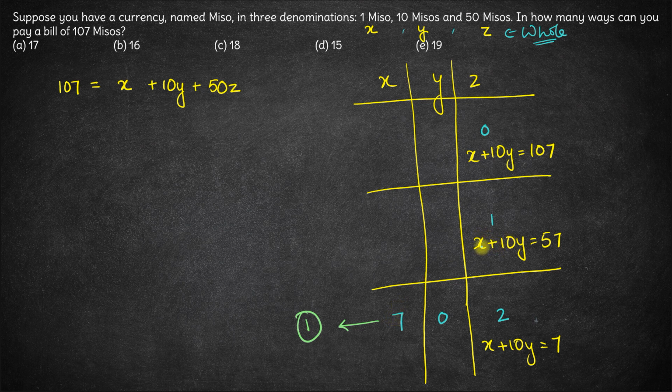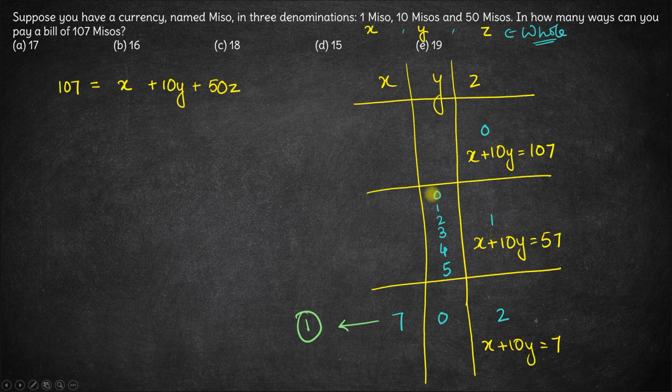Now here, if X plus 10y is 57, what are the possible values Y can take? Y can be 0, 1, 2, 3, 4 or 5. Y cannot be 6, because if Y is 6, then 10 into 6 is 60 and 57 minus 60 is minus 3. Then X will come out to be negative, but that cannot be the case.